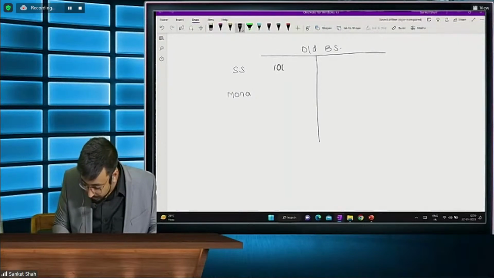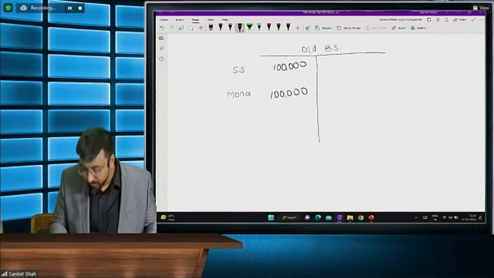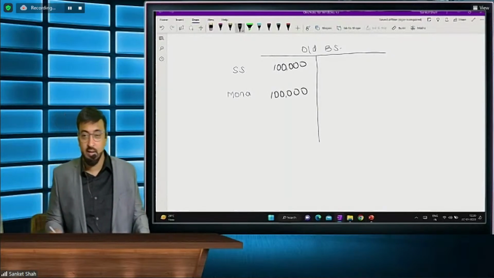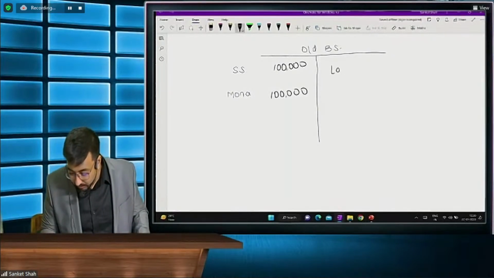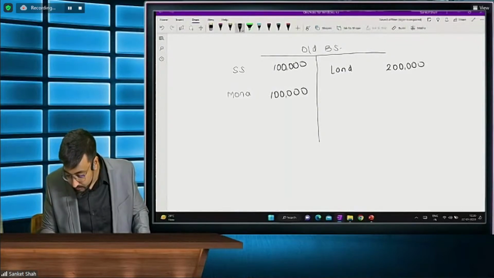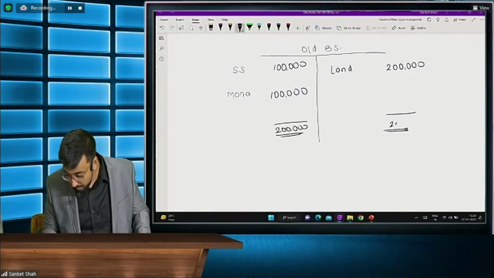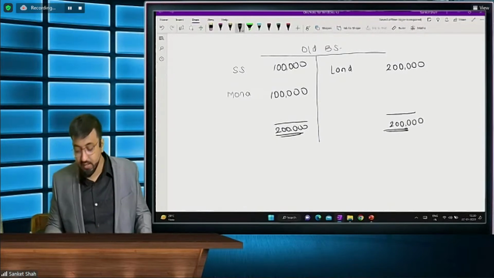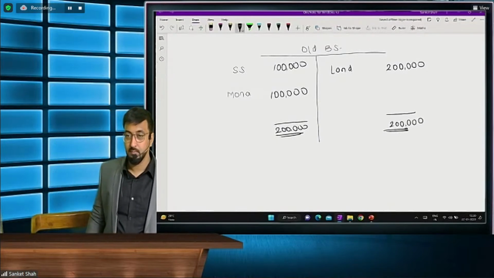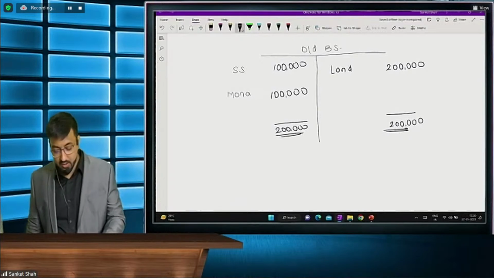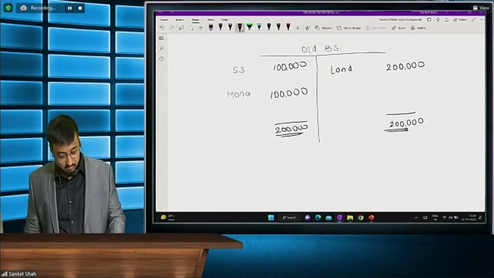SS's capital is 1 lakh, Mona's capital is 1 lakh, they contributed, and land is rupees 2 lakhs. Write down old balance sheet. Admission में old balance sheet.